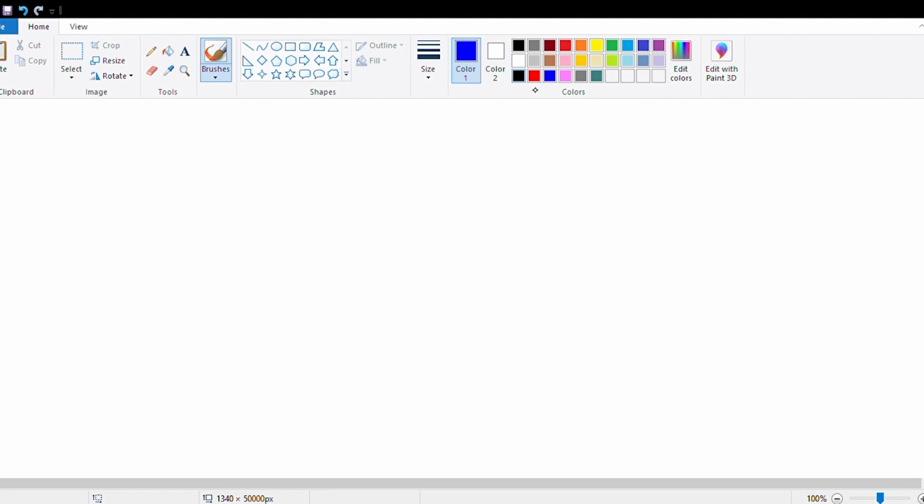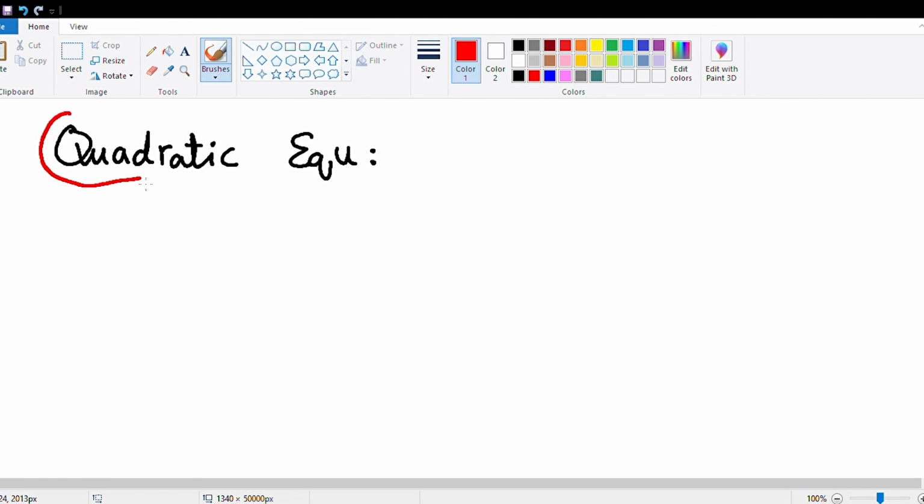Now, let's move on to our topic today, which is quadratic equations. And what are quadratic equations? First of all, I'm going to take the word quadratic, and from it you can see there's quad. What does quad mean? The word quad means square.